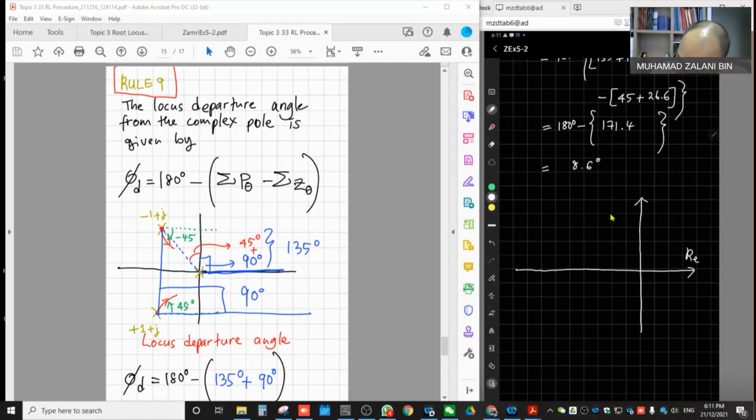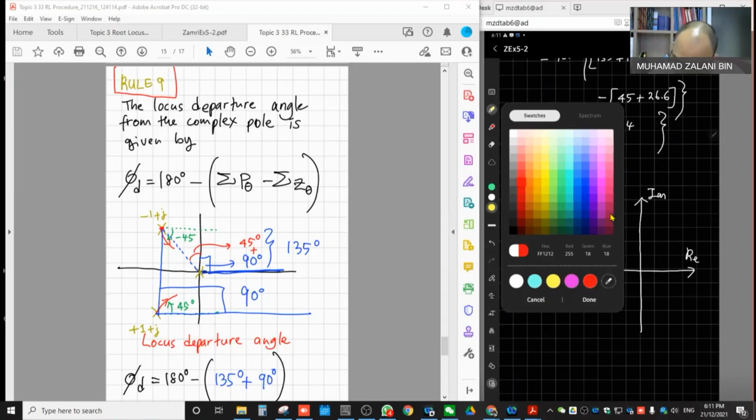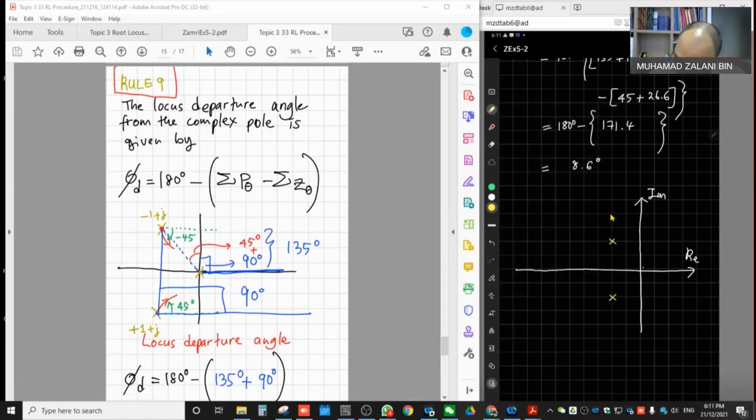Real axis, imaginary axis. So we have pole location right there, another pole location right there, and also we have the lines of asymptotes. Let me just draw pole location first. That is another pole location. 1, 2, 3, 4. This is -4.